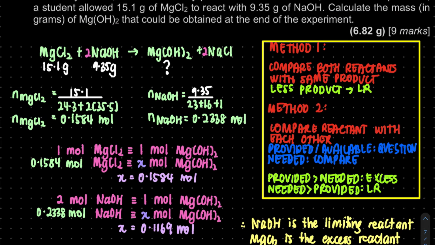But when you write down the information, we see that we have information about both reactants. If we have information about both reactants, we must find the limiting reactant. Why? Because if we use MgCl2, we will form a different amount of product, and if we use sodium hydroxide, we will produce a different amount of product.